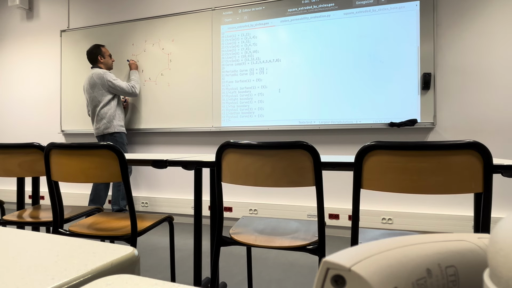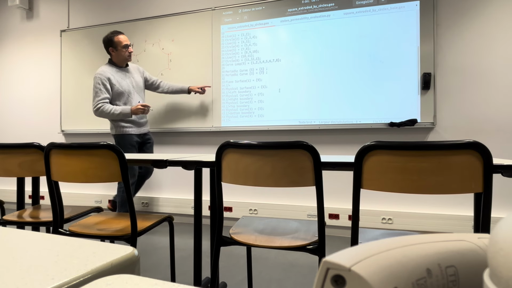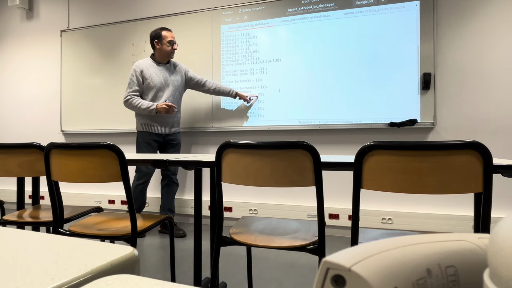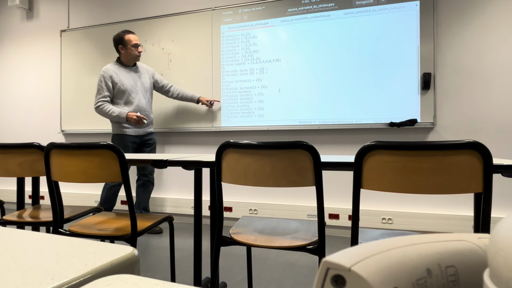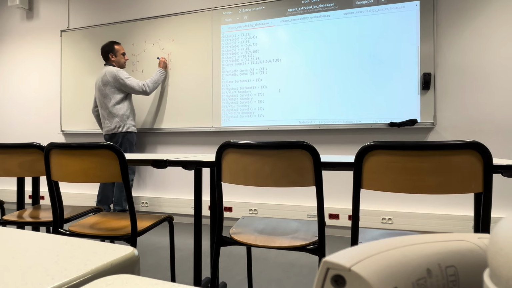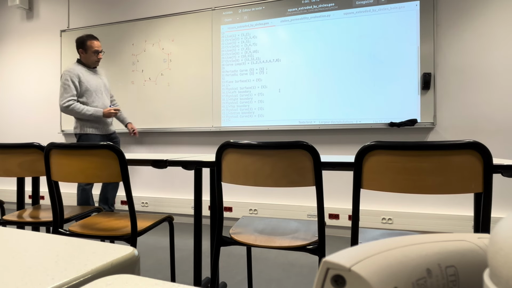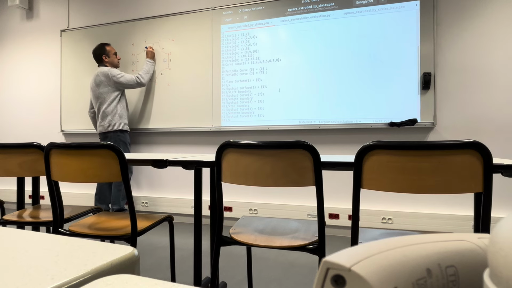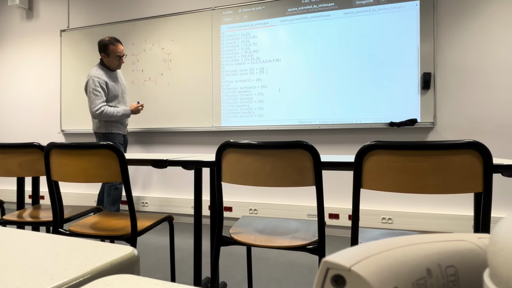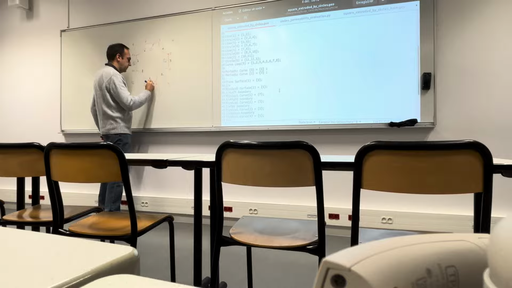So physical curve 1 is the line 7. Physical curve 2 is the line 3. Physical curve 3 is the line 5. And physical curve 4 is the line 1.